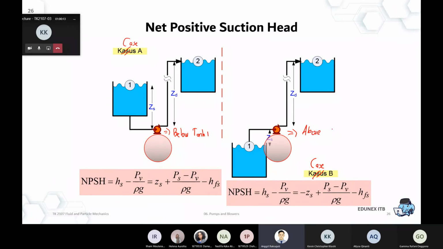And that really matters, it will affect the energy equation of the system. Just think very simply about this. If you have a valve over here and you open the valve, will it be different between these two cases? Which one will flow naturally, case A or case B?